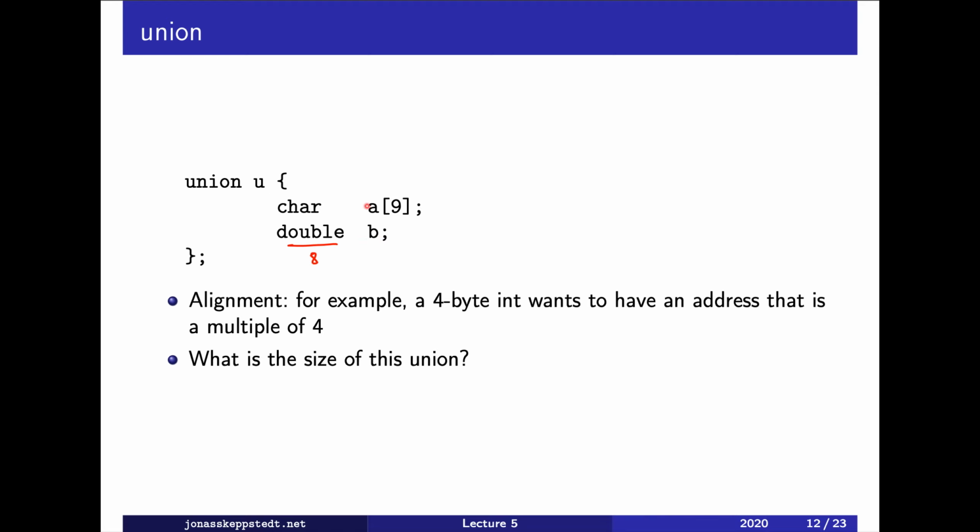They both will be at the offset 0 from the beginning of this union. So there's no problem, you may say. But if we have an array of this union, so we write union U and then A, and let's have 4. So what will that be then?